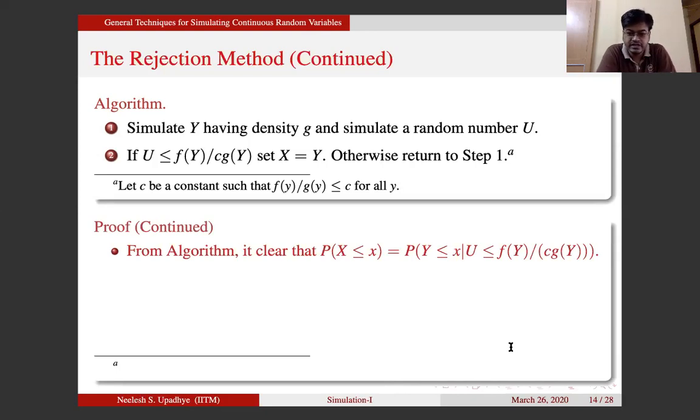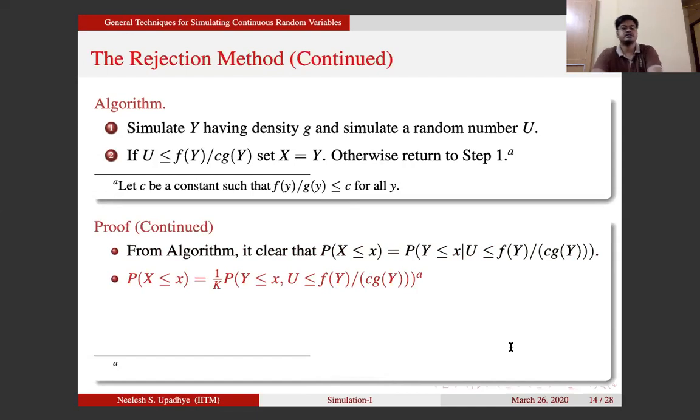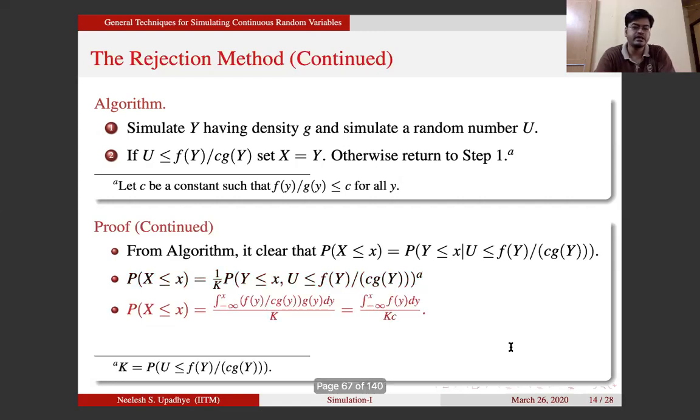Since we are dealing with conditional probabilities, let us make them unconditional. Probability of a given b is written as probability of a intersection b upon probability of b, where probability of b is given by this constant k.